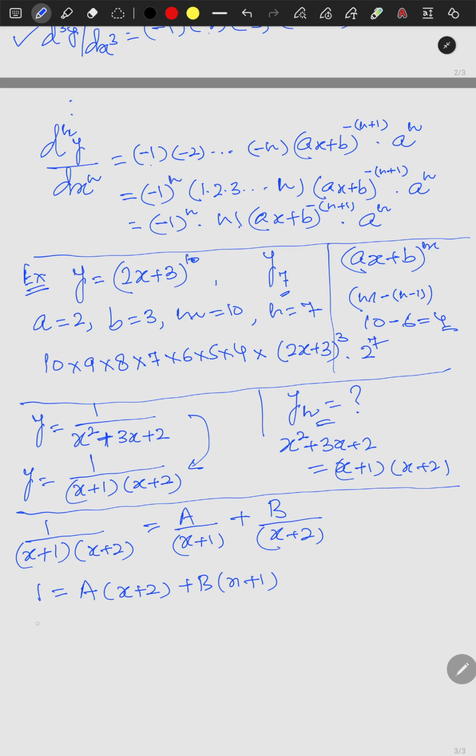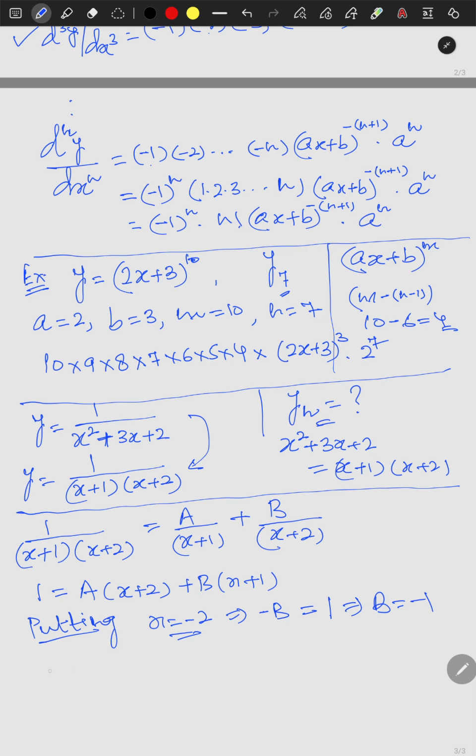Now if we put x is equals to minus 2 here, this gives us 3b is equals to... we are putting minus 2 here, so here we are having minus b is equals to 1, or you can say b is equals to minus 1.